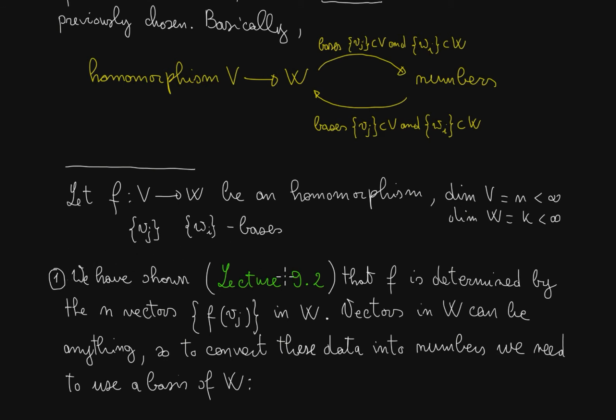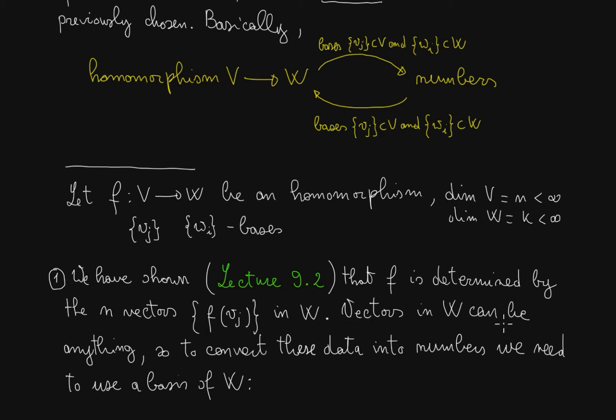We have shown in lecture 9.2 that f is completely determined by the n vectors that are the images of the basis V_j. So once I have fixed the n vectors f(V_j) in W, I have completely determined the map f.